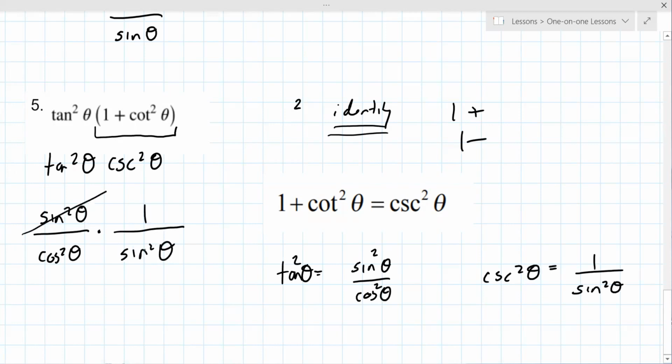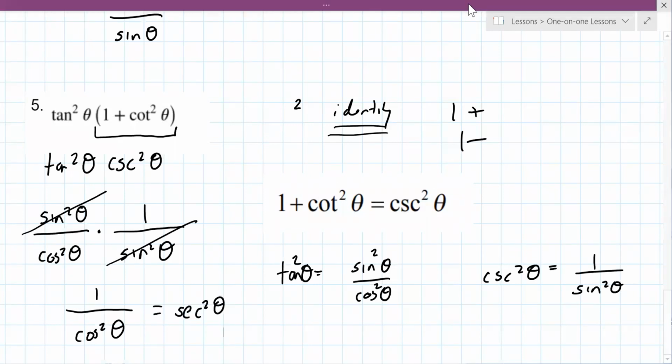You see this nice cancellation, and it gets you down to 1 over cosine squared theta. Now that can absolutely be rewritten, but the instructions say very clearly to leave it in terms of sine and cosine. Although I wonder if the answer sheet writes secant squared theta.